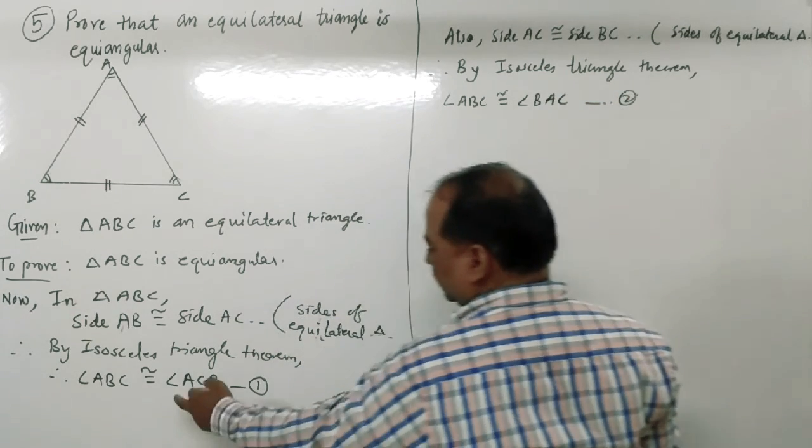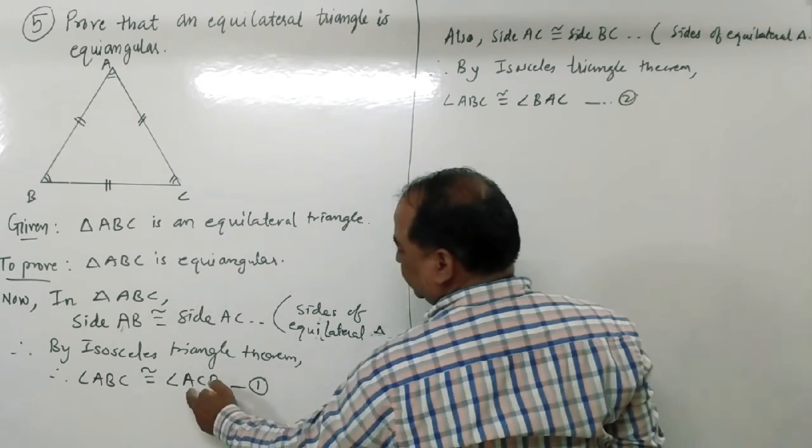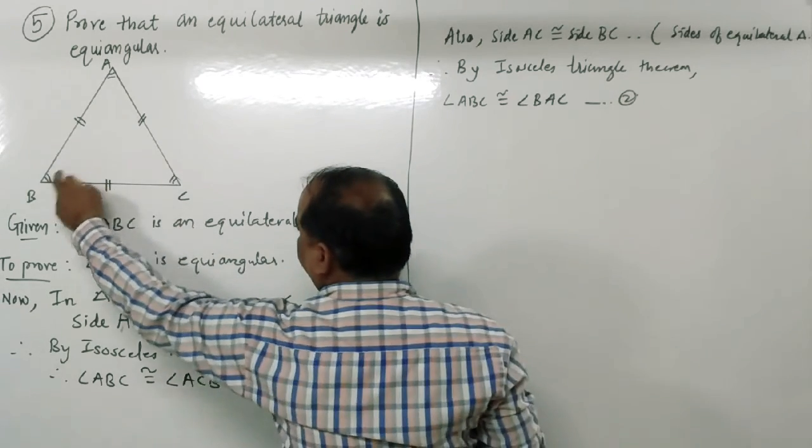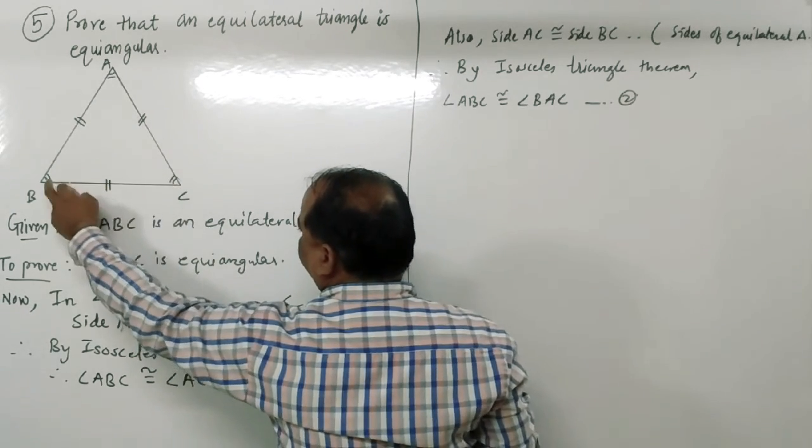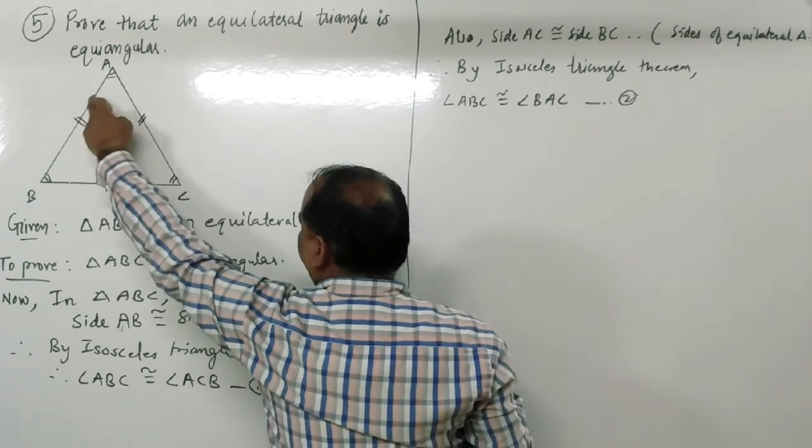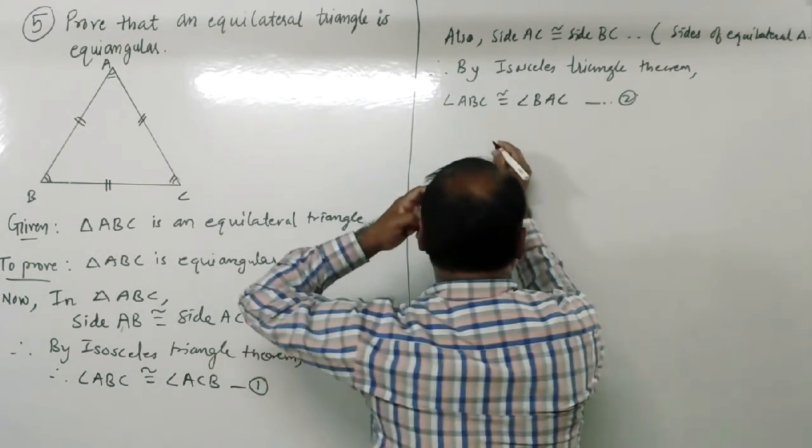Now see 1 and 2. Angle ABC is congruent to angle ACB, and ABC is also congruent to BAC. So all three angles are congruent.